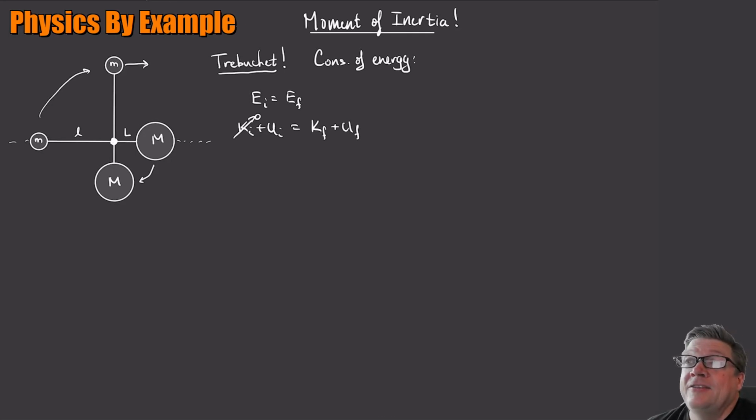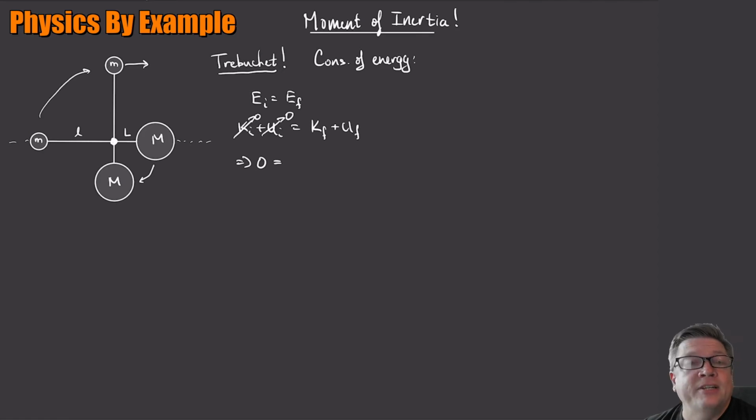Just by construction, the initial potential energy of both masses is going to be 0. They're both at the same horizontal level. So 0 is going to be equal to the final kinetic energy.